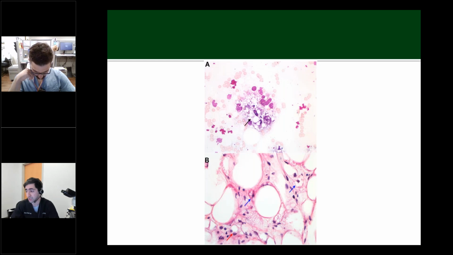Within the septations, you can see some cells with small vacuoles resembling lipoblasts, the red arrow on the lower corner of figure B. The other cells, the blue arrow, show numerous vacuoles causing indentation of the centrally located nuclei, reminiscent of lipoblasts.